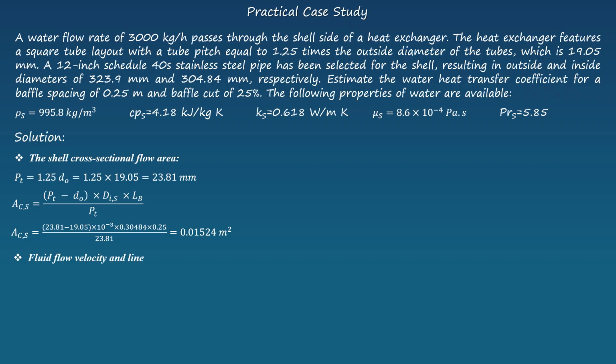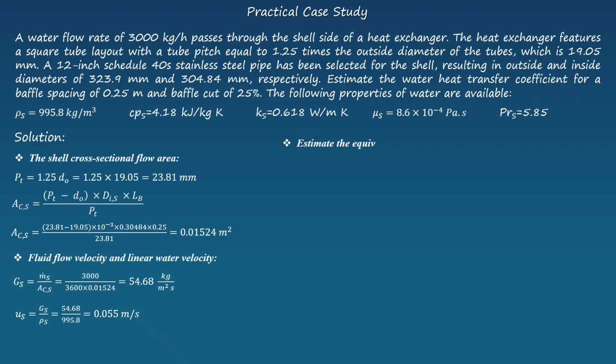Then we may estimate the mass velocity depending on the mass flow rate, which we have mentioned as 3000 kilogram per hour. Then G shell side equals 54.68 kilogram per meter square second. This will give us a flow velocity of 0.055 meter per second.